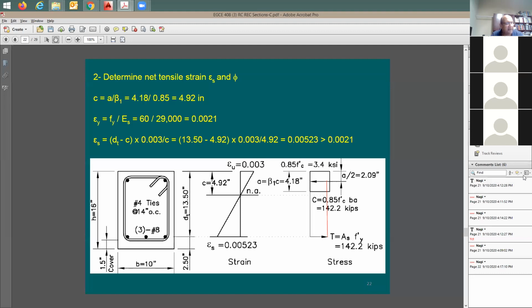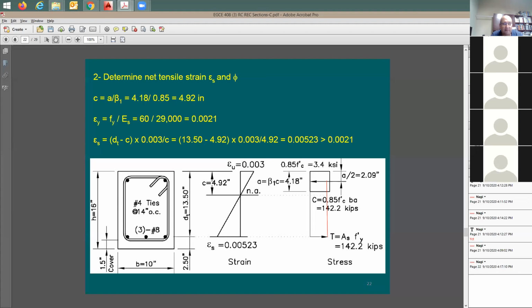So what is the exact ratio? Take 492 divided by 13.5. 0.36. Okay, you say 0.36.